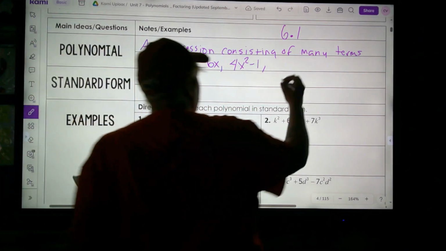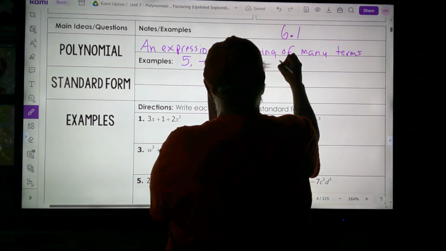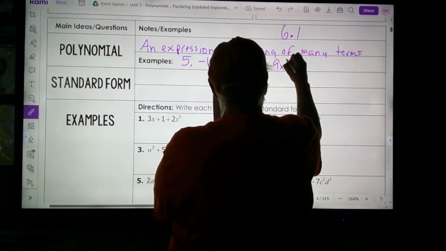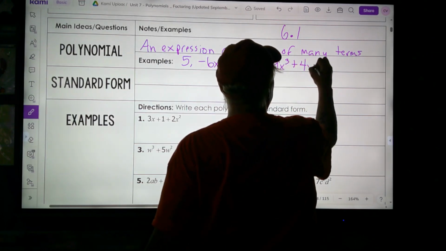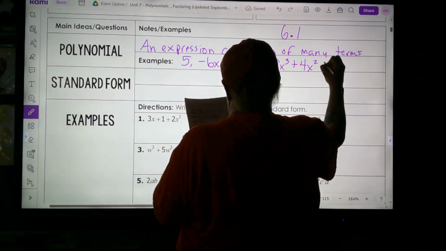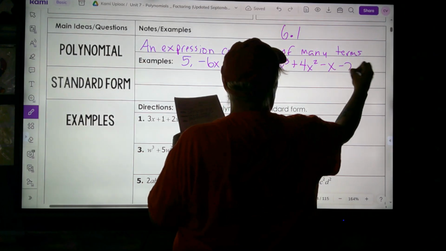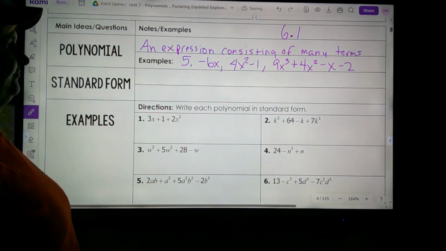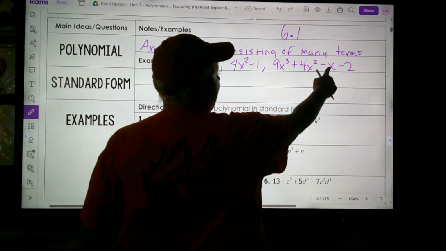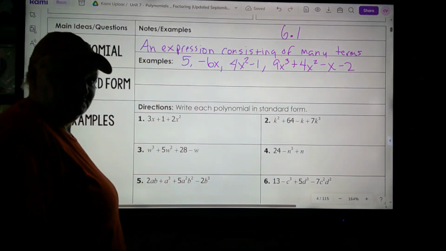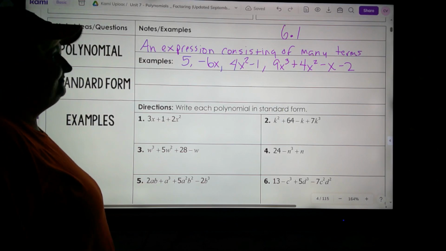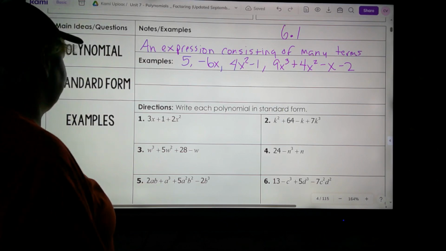Polynomial. 9x cubed plus 4x squared minus x minus 2. I know. 1, 2, 3, 4 terms. Still a polynomial. Like I said, a very loose definition.